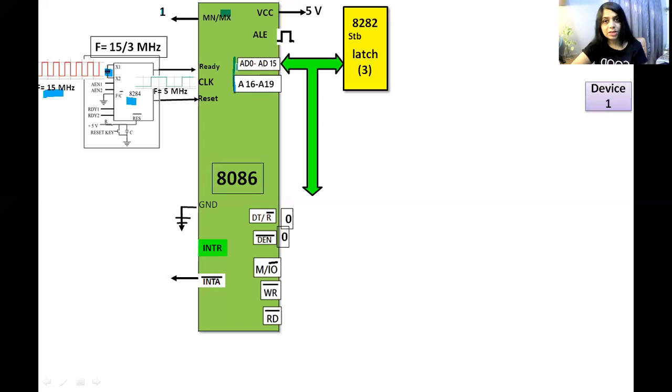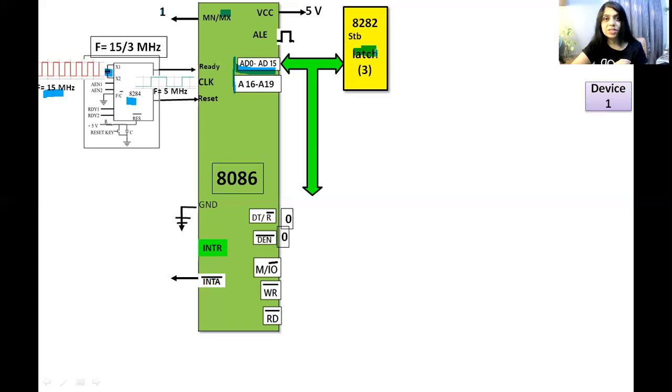So on these 16 wires, initially the address will flow and in the next half the same bus carries data. When the same bus carries data, the system may lose the address flowing in the system, and hence to store that address we need octal latches. 8282 is an octal latch.